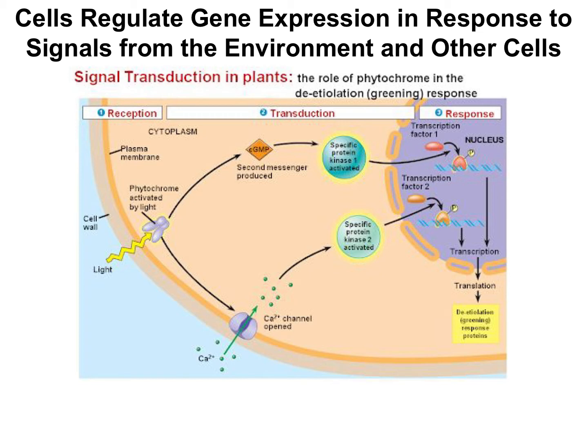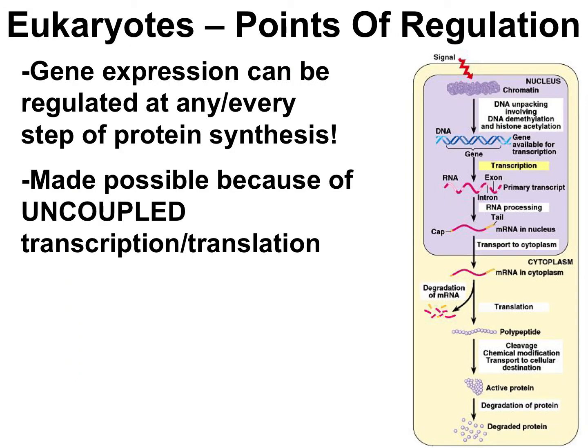And transcription factors bind a certain gene in the DNA and attract RNA polymerase to that gene to increase transcription. Now, in this case, the end result is production of proteins that help plants do the greening response, where they make more chloroplasts.